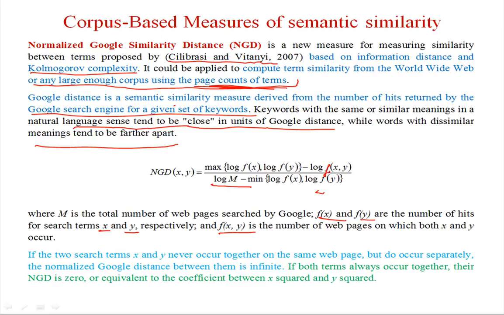Log M is the total number of web pages searched by Google.